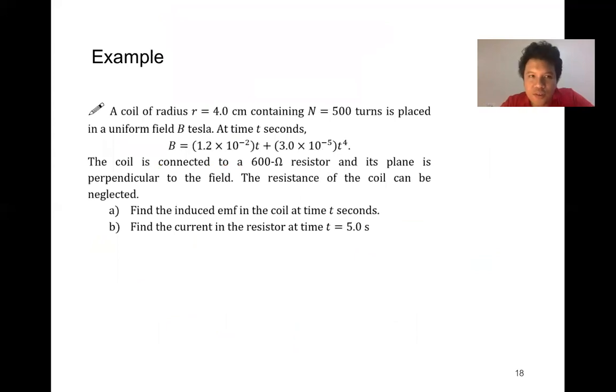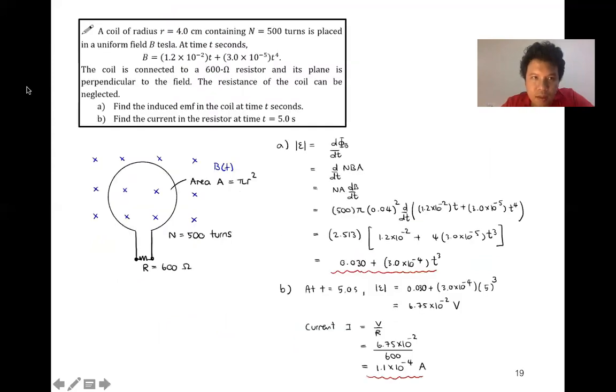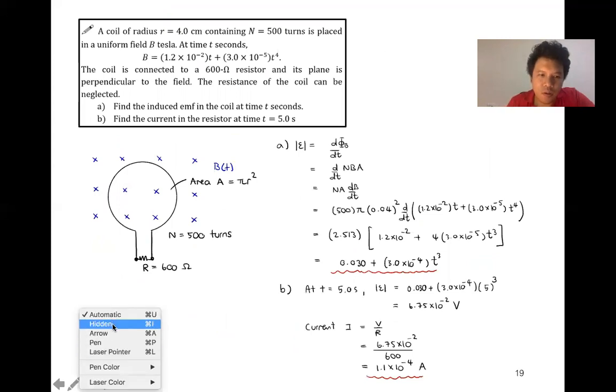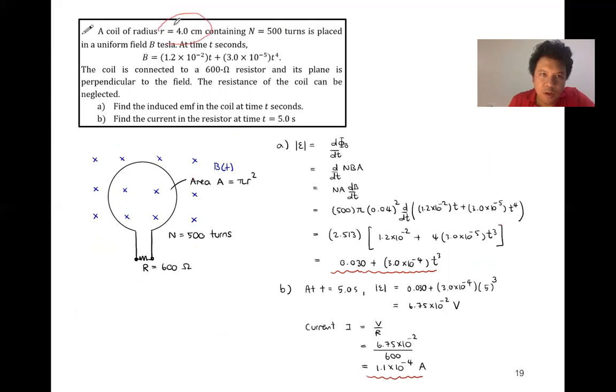Okay, another question. It is about a coil of radius r. We already have r, we already have n. So with this r, we can find that A is pi r squared because the coil is a circle. And we have B, the magnetic field, as a function of time.